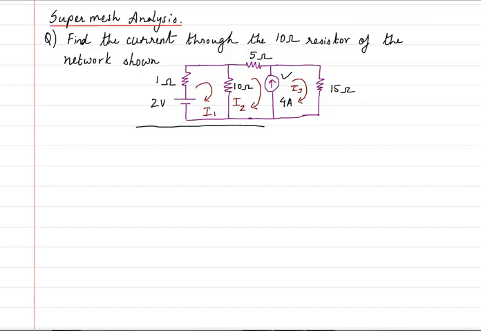Now we already know that when we are doing mesh analysis, it should always be a voltage source. And if there is a current source, that current source should be present only in one of the meshes. Here we have the situation where this current source is being shared between mesh 2 and mesh 3.